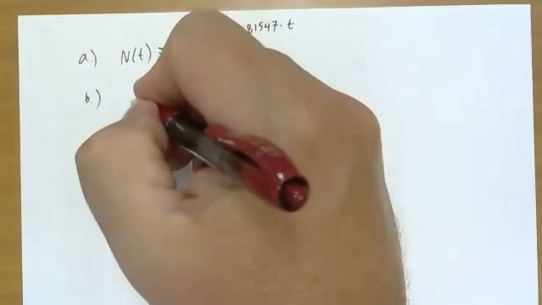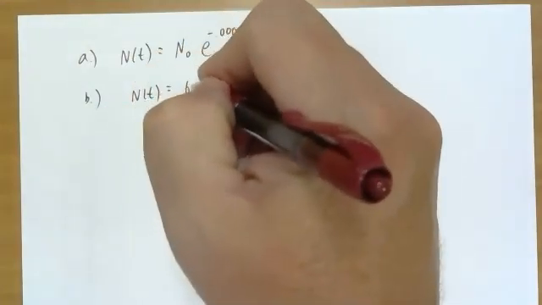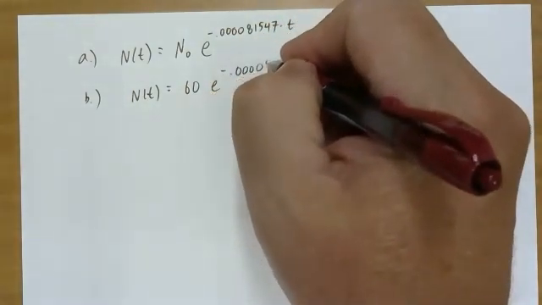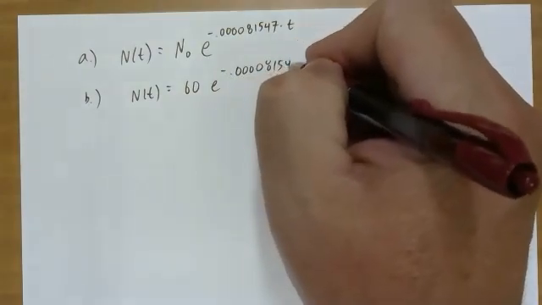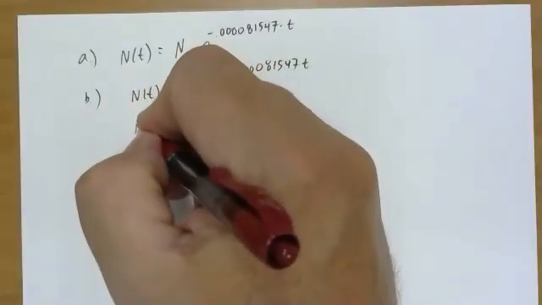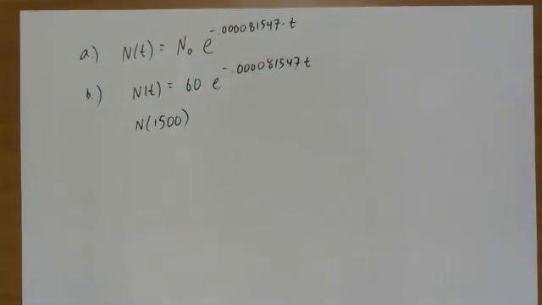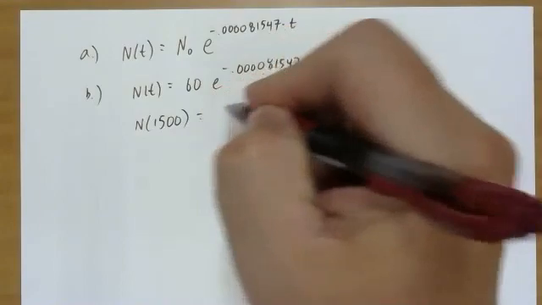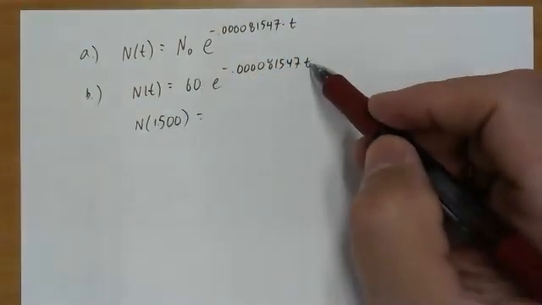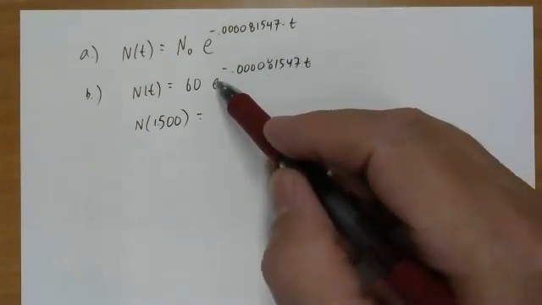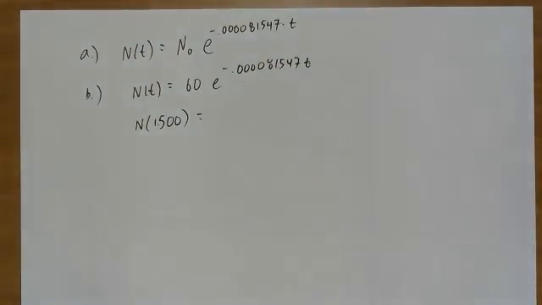So the first thing I can do is rewrite my equation to be 60 e to the negative 0.00081547 t. And now they're saying, go plug in 1,500 years for time and tell me how much is left. So I'm going to plug in 1500 here. I'm going to do this on my calculator. So 1500 times all this raised to an exponent times this. Let's just do it on my calculator instead of writing it.